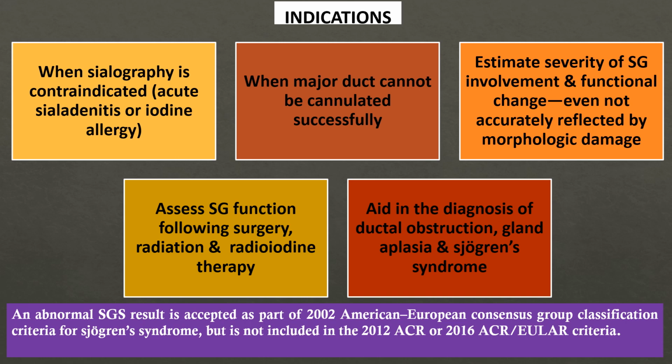It is also useful as an aid in the diagnosis of ductal obstruction, gland aplasia, and Sjogren's syndrome. An abnormal salivary gland scintigraphy result is accepted as a part of the 2002 American European Consensus Group classification criteria for Sjogren's syndrome, but it is not included in the 2012 ACR or 2016 ACR/EULAR criteria.